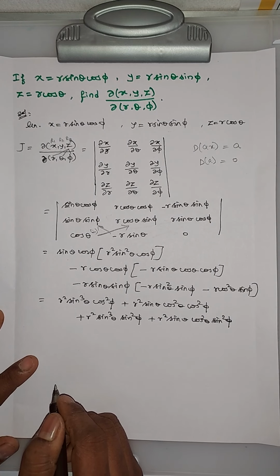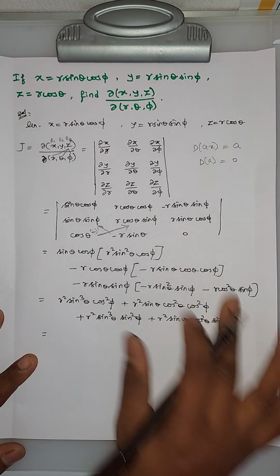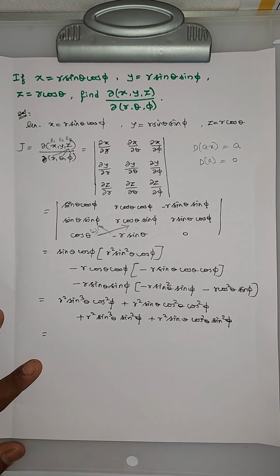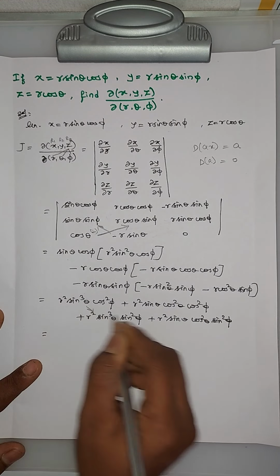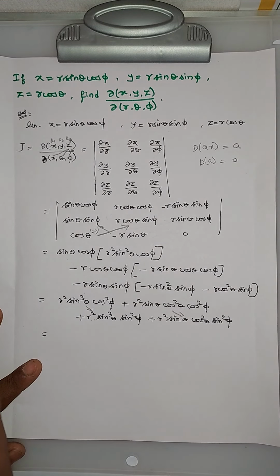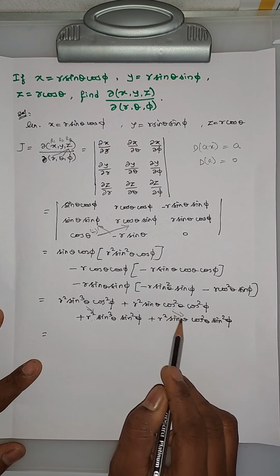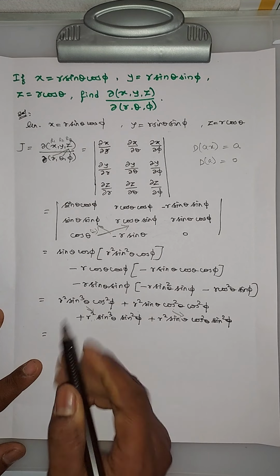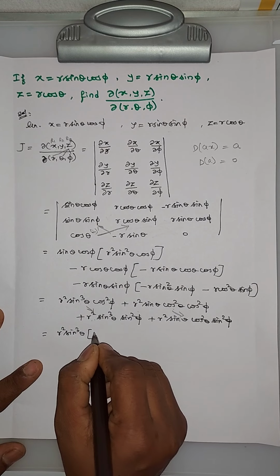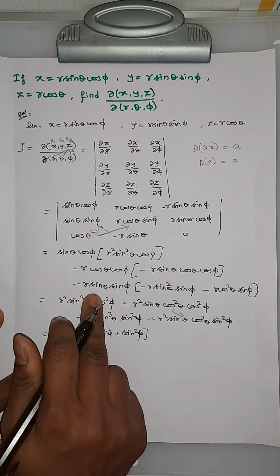Just simplification, that's it. So simplifying and combining the like terms, when we check this, we could find that r square sine cube theta is common from these two terms. So combining these two together and these two together. Similarly, r square sine theta cos square theta is common from these two terms. So r square sine cube theta, when we take it inside, it is cos square phi plus sine square phi from these two terms.